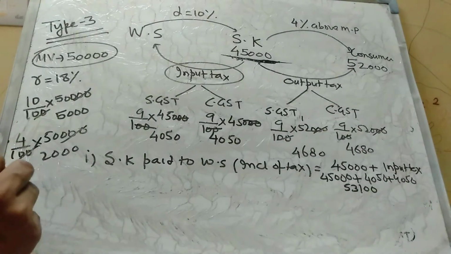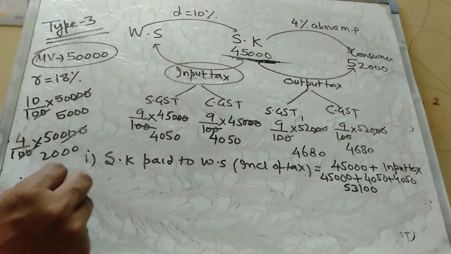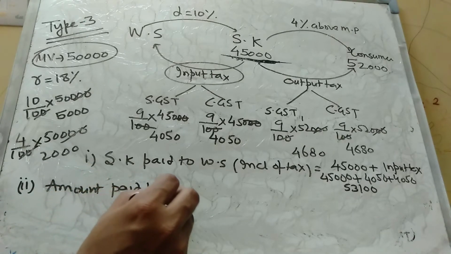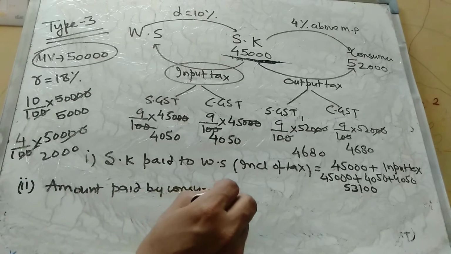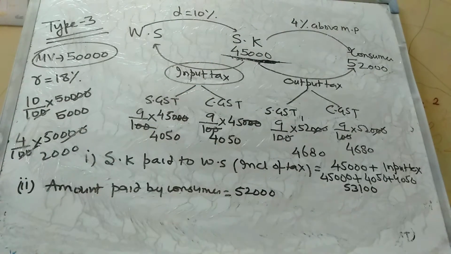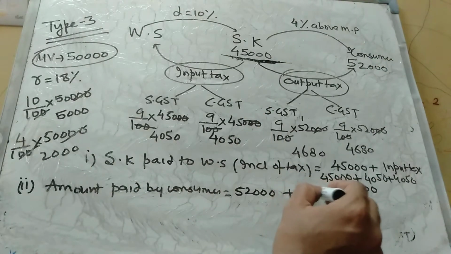In the second part, the amount paid by the consumer. The consumer will give 52,000 rupees for the article and this output tax.